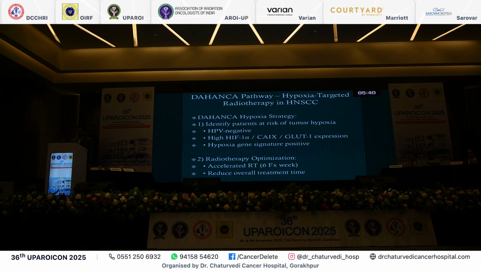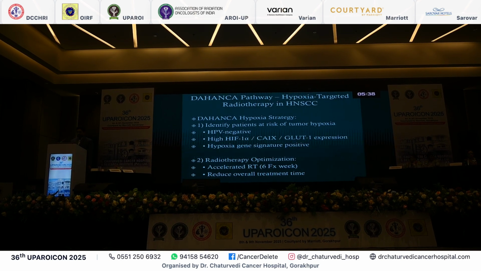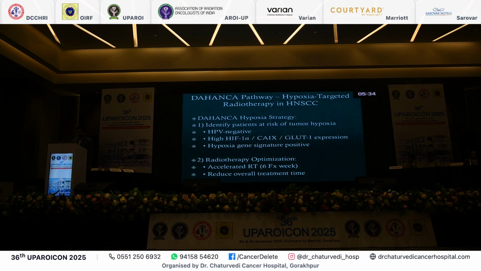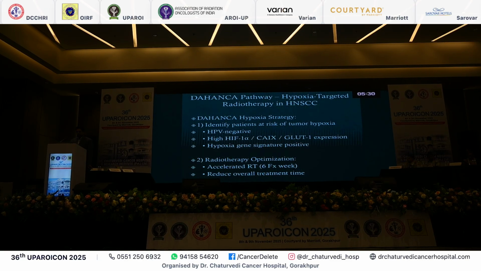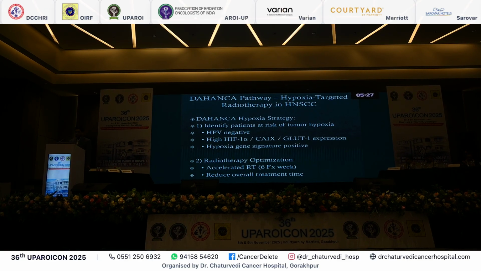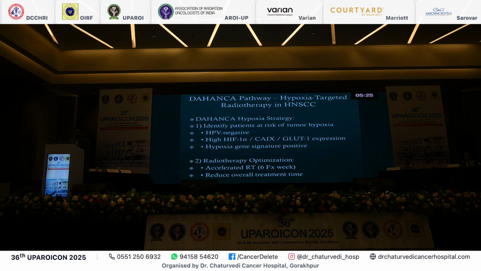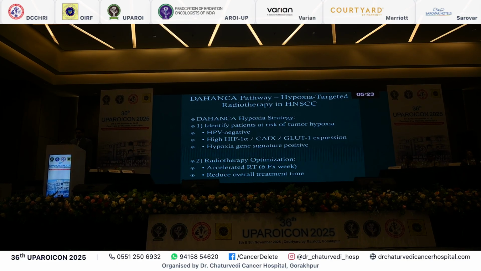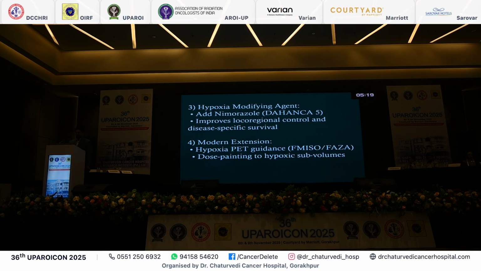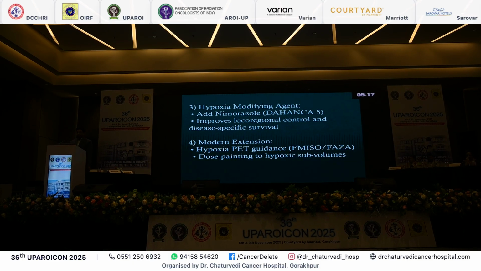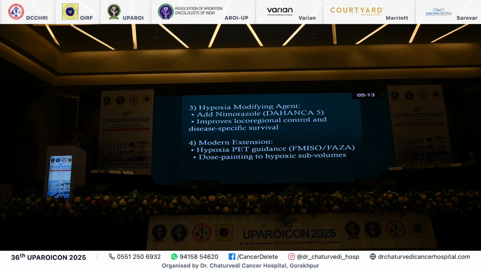And it led to radiotherapy optimization according to the hypoxia, that is accelerated radiotherapy in hypoxic sites of the tumors, and this has reduced the overall treatment time, and it incorporated hypoxia modifying agents like nimorazole along with the radiotherapy.